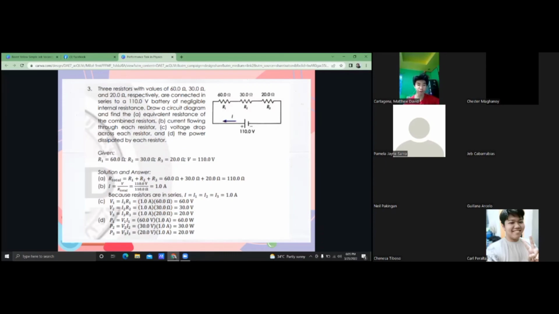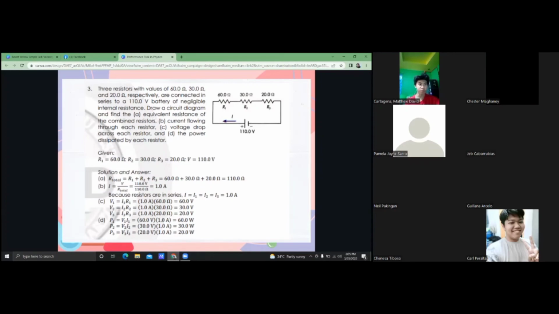Last is to solve for the power dissipated by each resistor. You can use three formulas, but we will be using the formula that is on the left, which is power is equal to voltage times current. As seen in the letter D, power 1 is equal to voltage 1 times current 1 is equal to 60 volts times 1 ampere is equal to 60 watts.